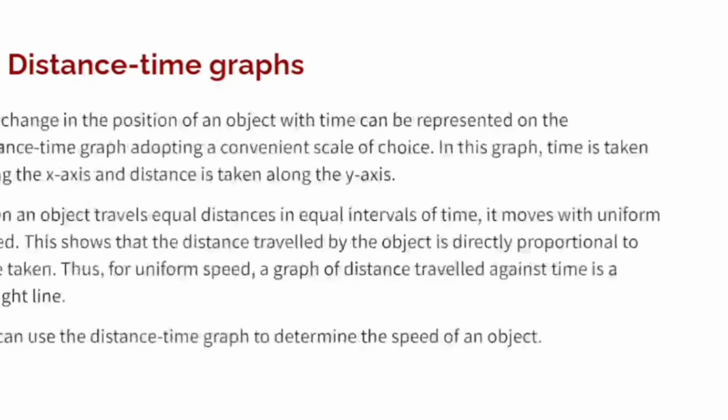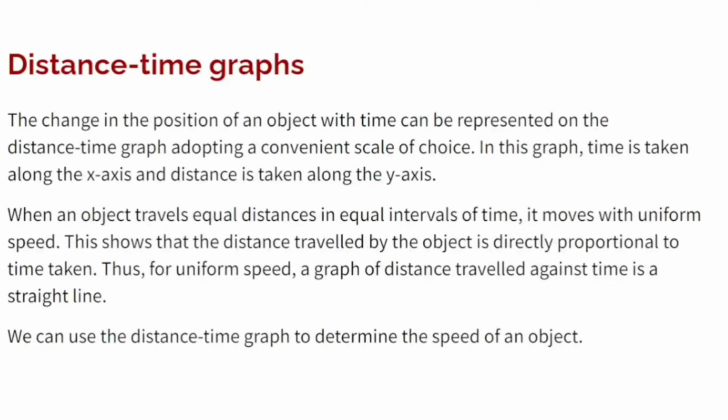Distance time graph. The change in the position of an object with time can be represented on the distance time graph, adopting a convenient scale of choice. In this graph, time is taken along the x-axis and distance is taken along the y-axis. When an object travels equal distances in equal intervals of time, it moves with uniform speed. This shows that the distance traveled by the object is directly proportional to the time taken.